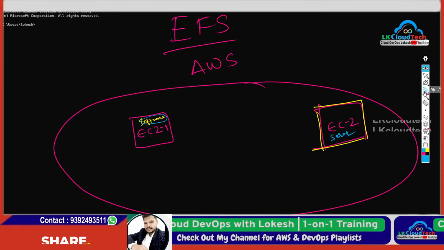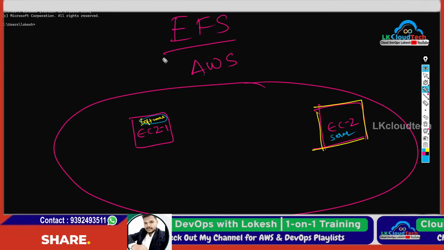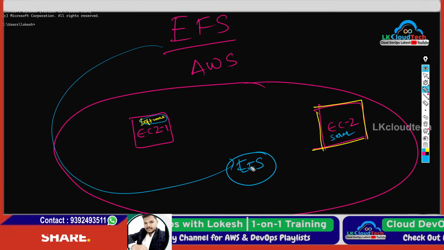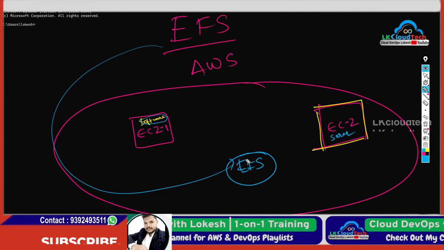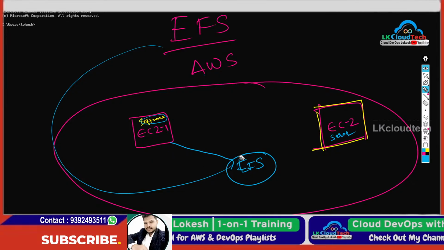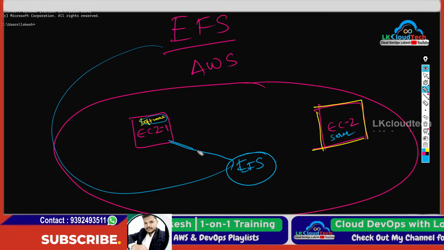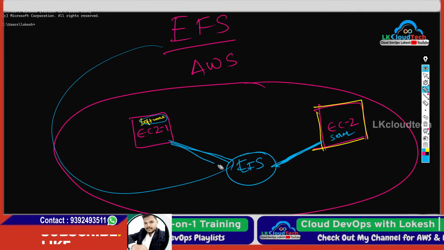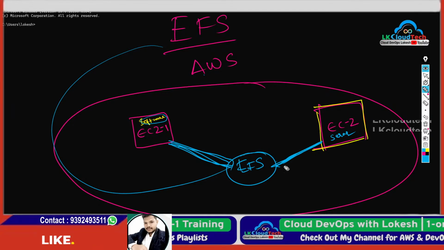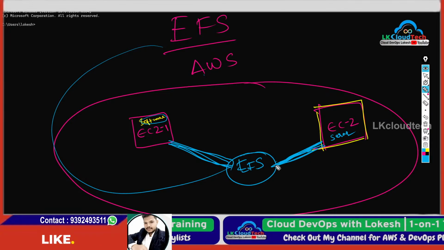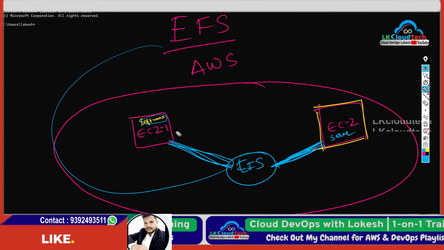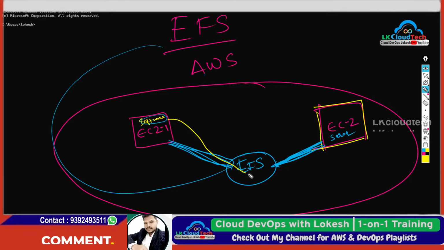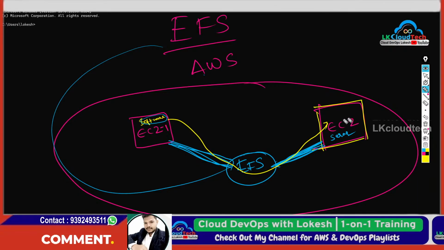AWS is providing the EFS service. Now you need to go inside EFS. You have to connect this EFS to EC2 instance 1 and EC2 instance 2. Now this connection is established. Once the connection is established, you can transfer or share these software files to EC2 instance 2.